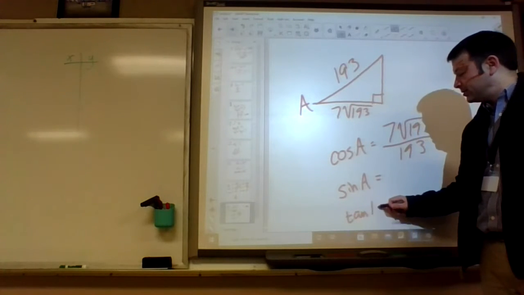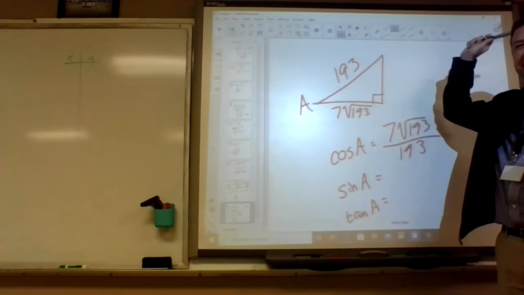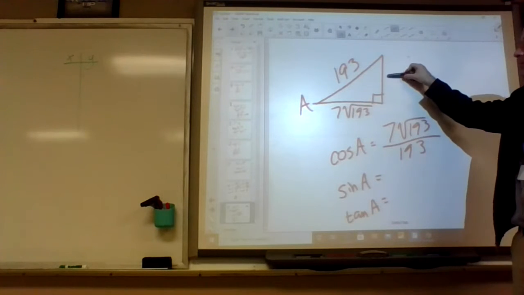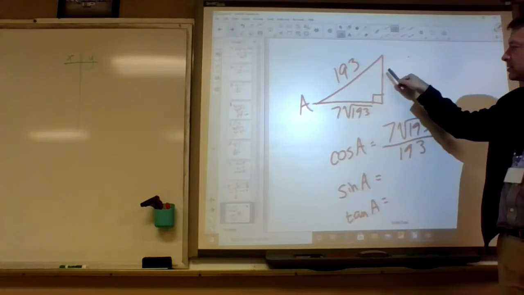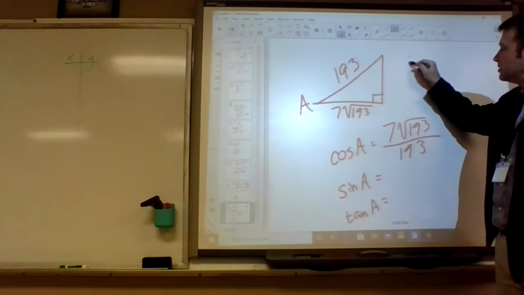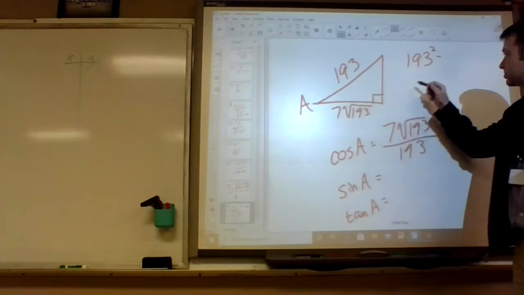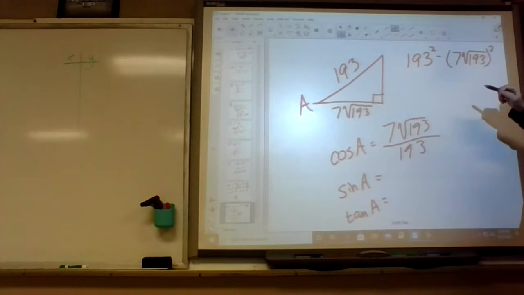So guess what I need to do first? Find the opposite side. What could I plug in my calculator to get this? 193 squared minus 7 squared. Would that give us the answer?